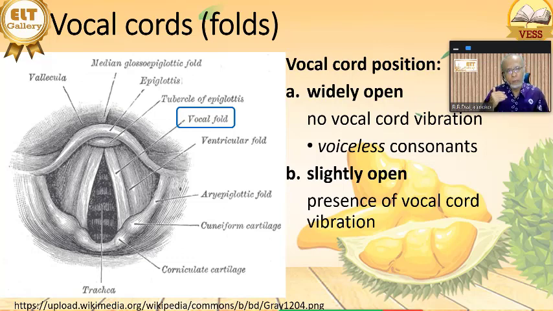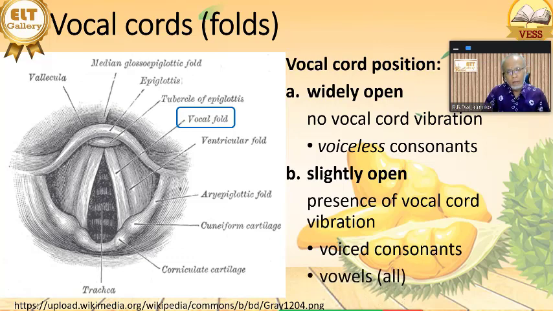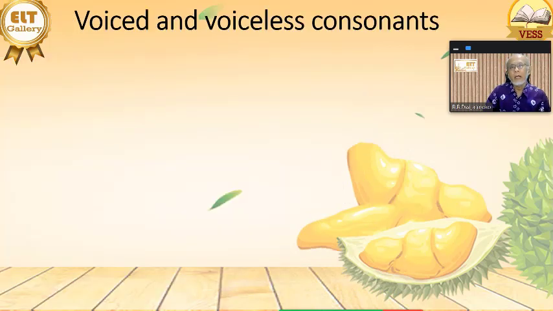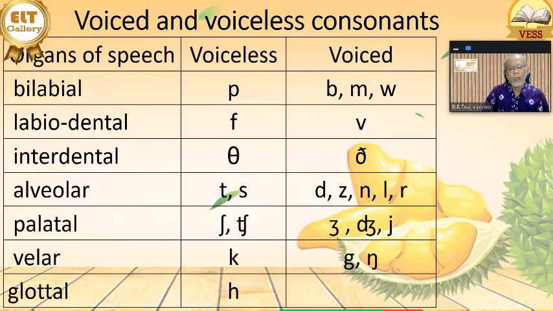So when the vocal cords are slightly open, the production is followed by vocal cord vibration, and as a result, we have voiced consonants. All vowels are voiced.